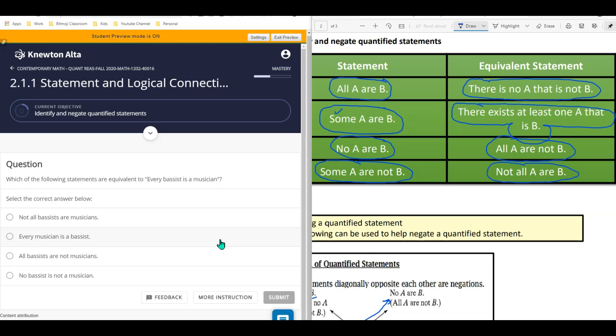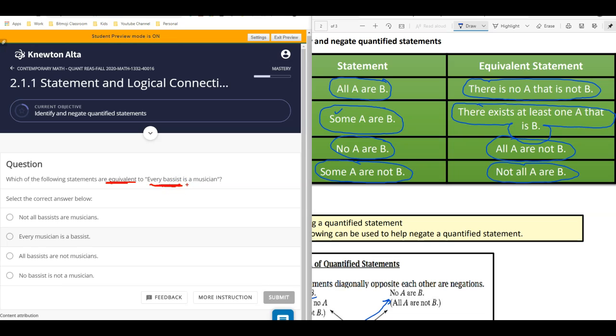Now let's look at the next one here. It says the following statements are equivalent to, every bassist is a musician. I hope I'm saying this right.